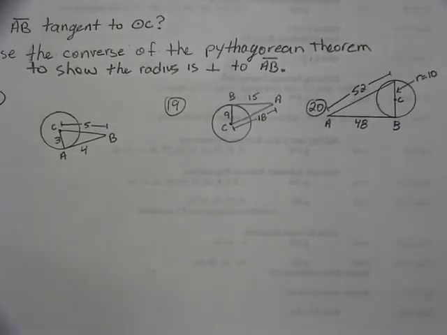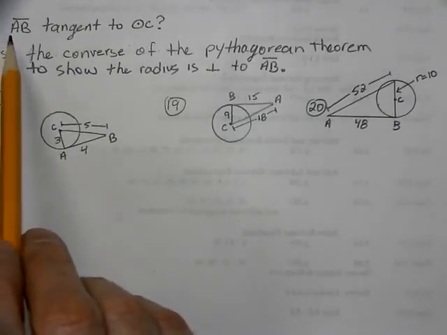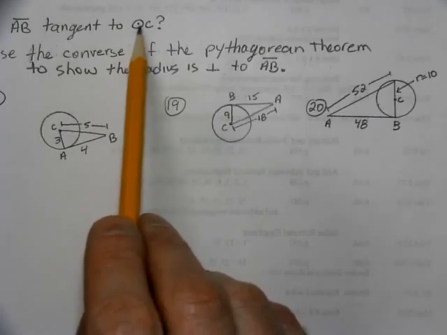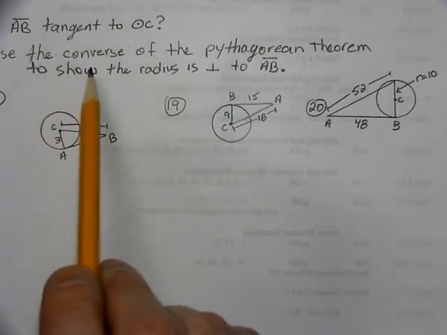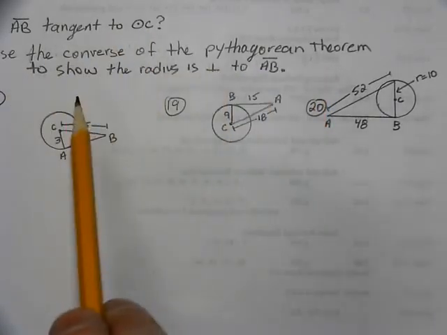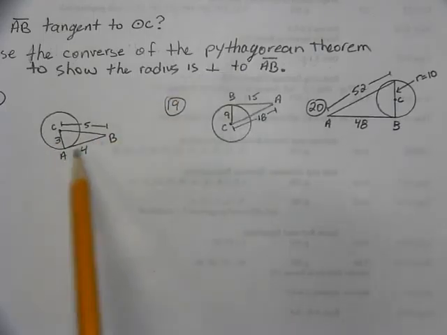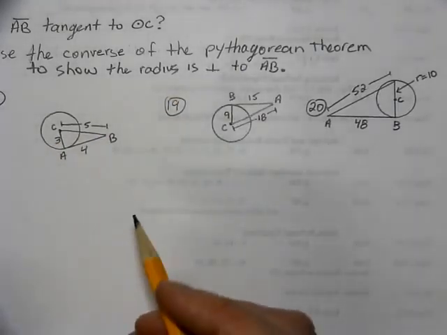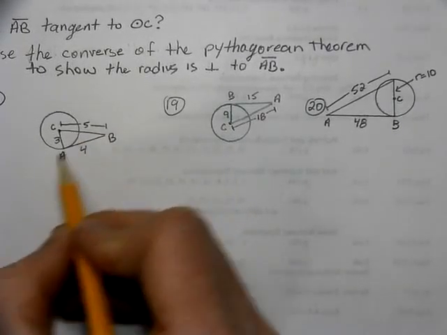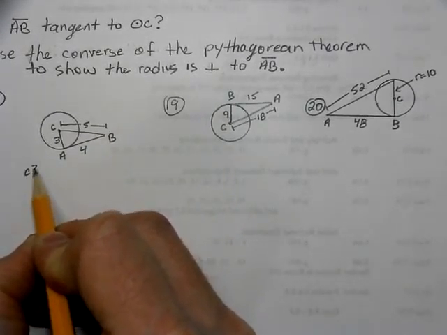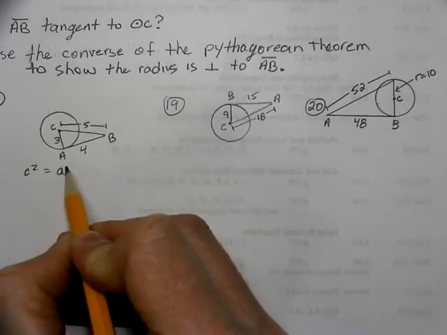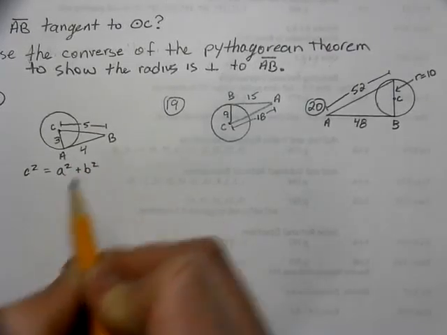For number 18, we're going to look to see, is AB tangent to circle C? We're going to use the converse of the Pythagorean theorem to show that the radius is perpendicular to segment AB. So to do that, we're going to use our C squared equals A squared plus B squared.